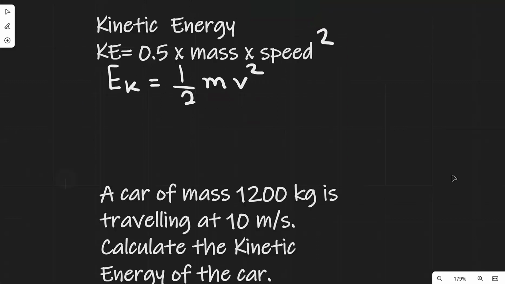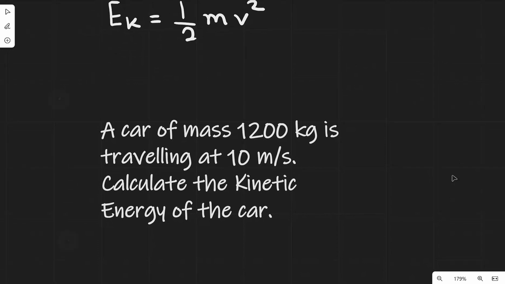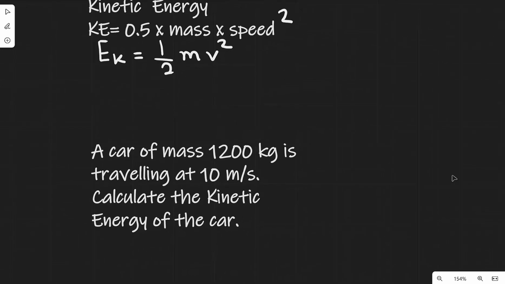Now let's apply this to a little problem. We have a car with a mass 1200 kg, is traveling at 10 meters per second. Calculate the kinetic energy of the car. Okay, well, the kinetic energy is just equal to a half mv squared.